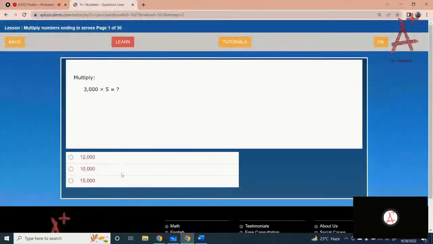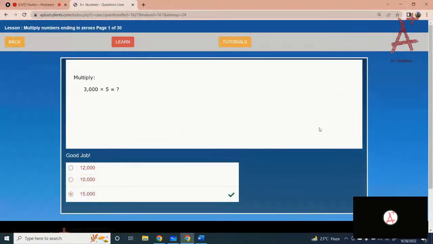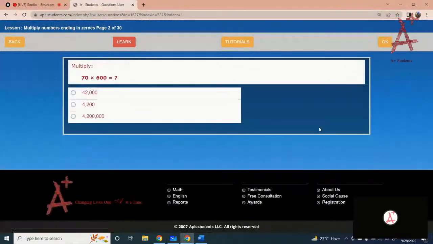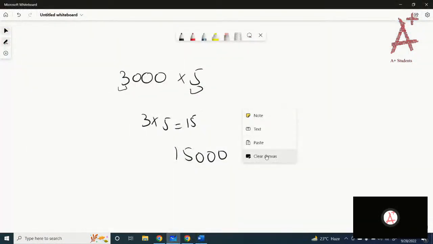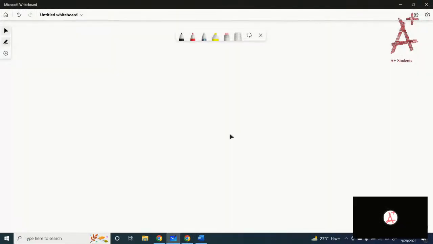Okay, select the correct option and click on the OK button. Okay, the next one is 70 times 600. So just multiply the digits. The digits are 7 times 6.